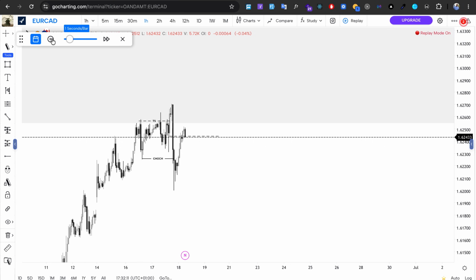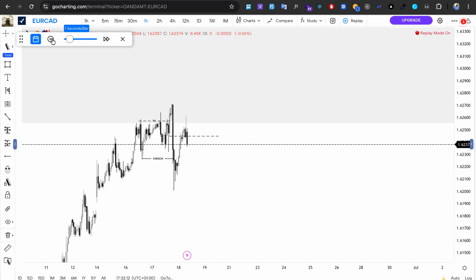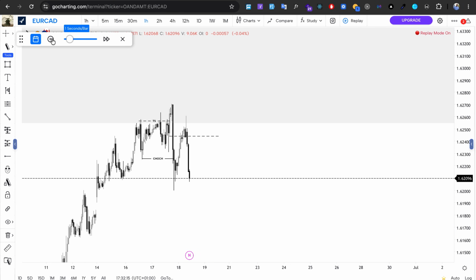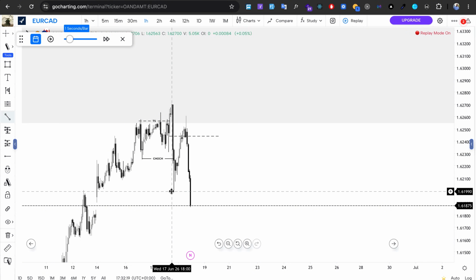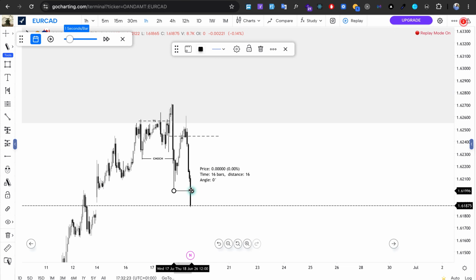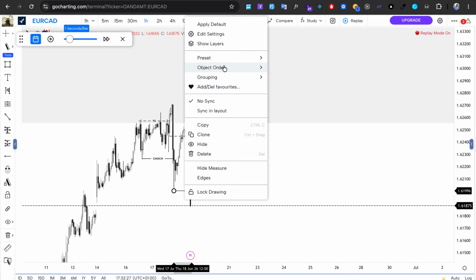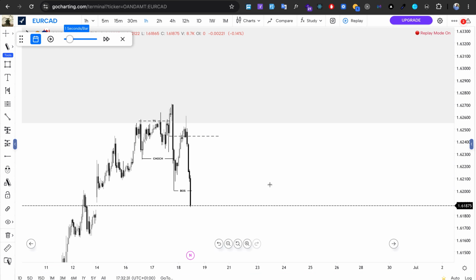Okay, you see, so now we have this, which is good. So now this has confirmed to us that a bearish status has been confirmed, because we have a change in state of delivery, a change of character.